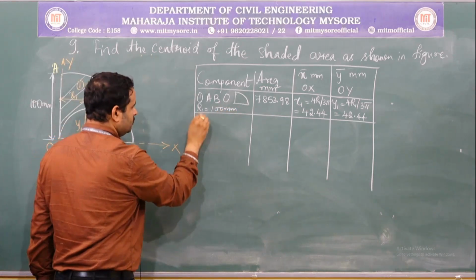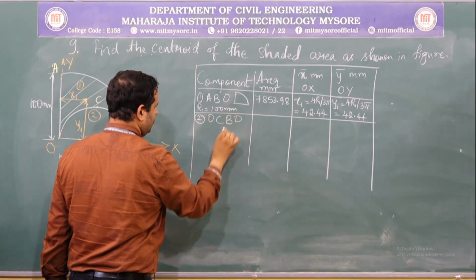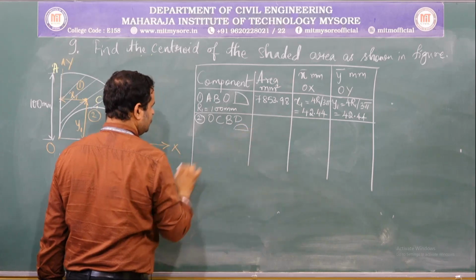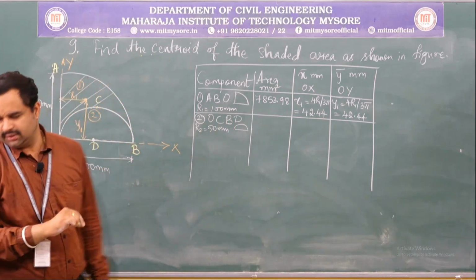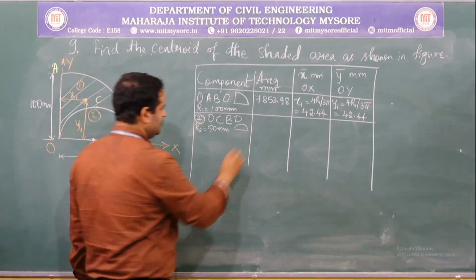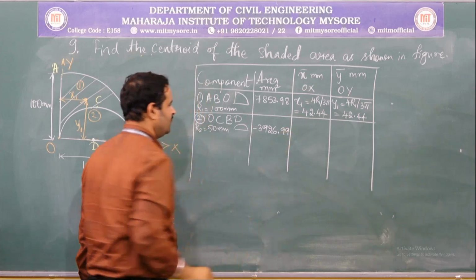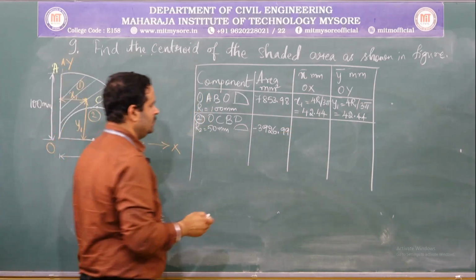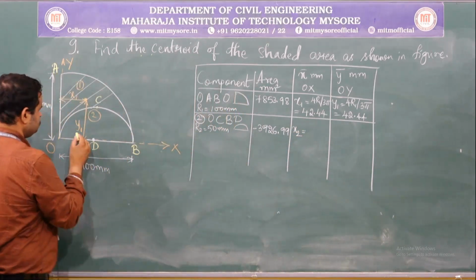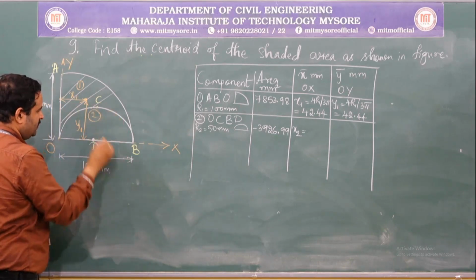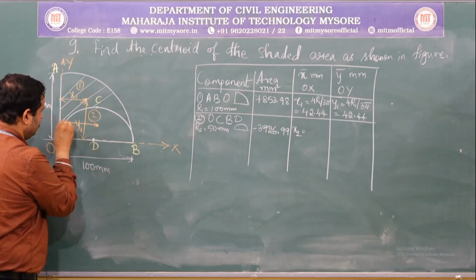Next, component 2, OCBD is the semicircle and the radius is 50 mm. What about its area? It is minus 3926.99. Why minus? Because it is the part to be removed. And x2 is equal to, so for the second component we know the centroid lies somewhere here, and this is the distance that has to be measured.